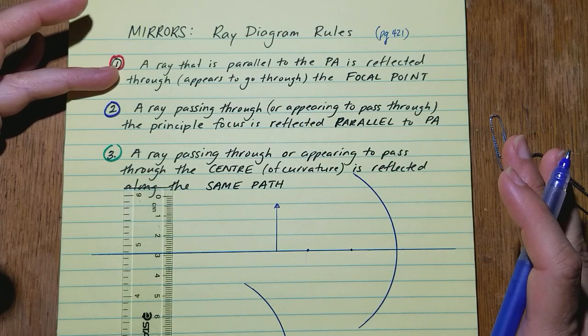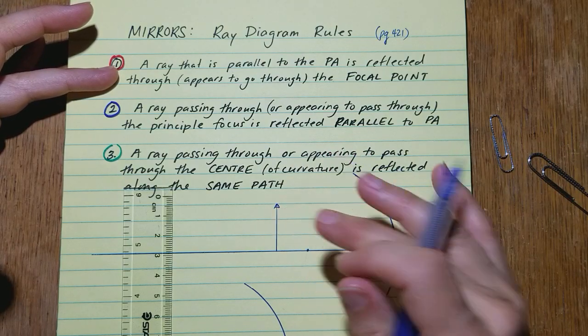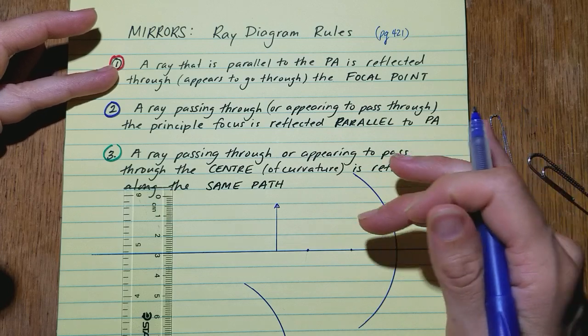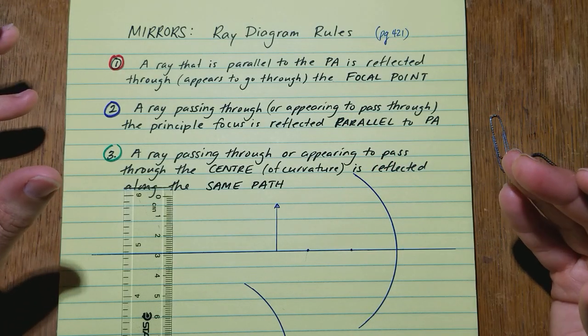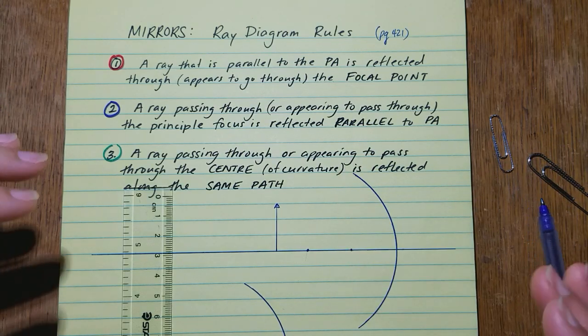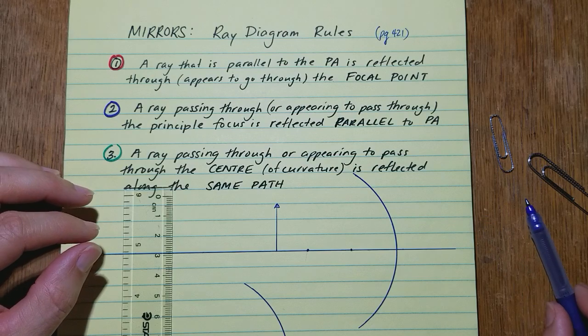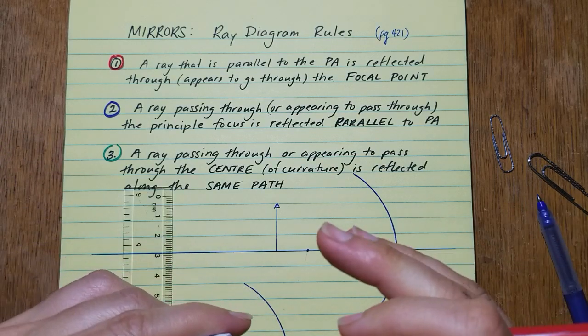Okay, so the first ray. I'm going to draw all the rays from the tip of my object, or the top, all right? So that wherever those rays converge will be where the top of the image is. And then again, we just draw it down perpendicular to the principal axis. All right, so the first one we're going to do is the red one.